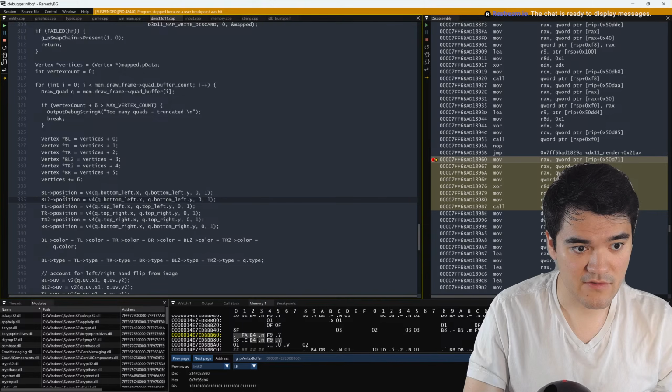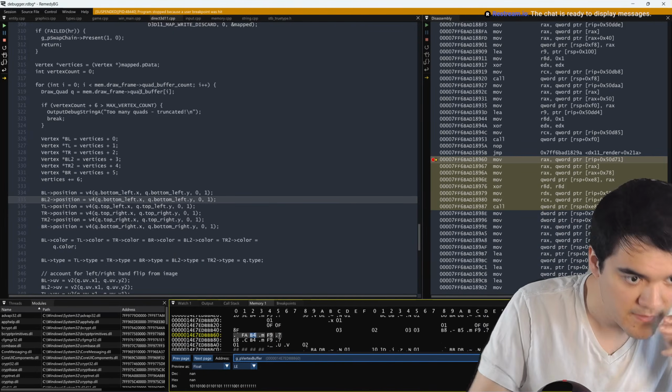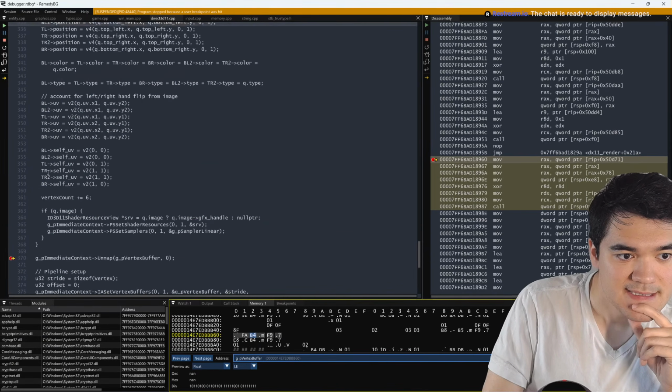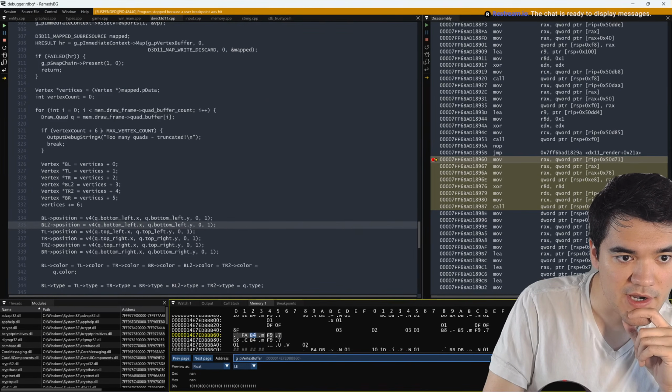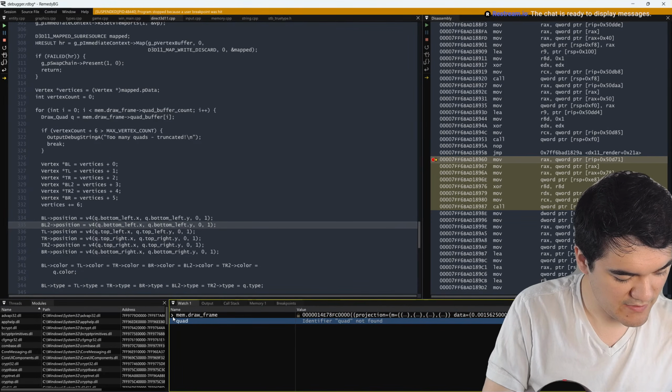What are these? These are float 32s, right? All right. You know what? What's easier to look at is... we ran out of time there.